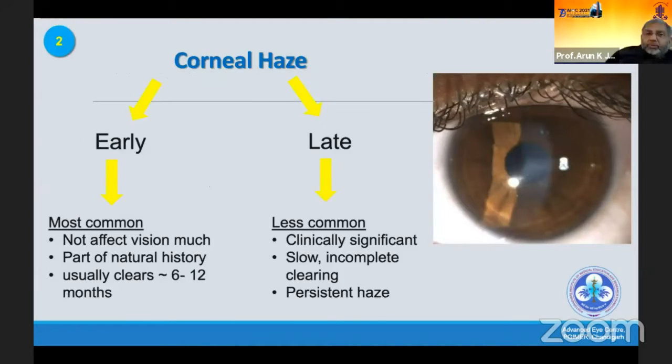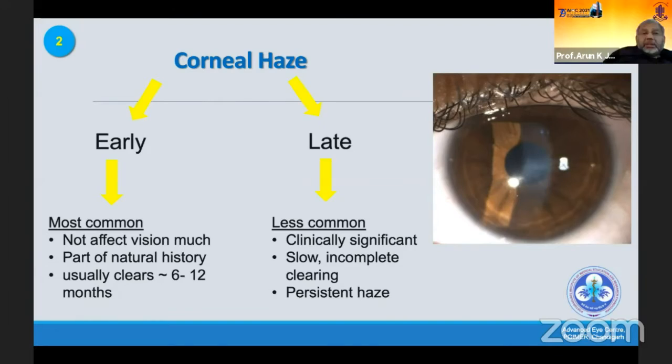Then coming to the corneal haze, it could be early or late. Early haze is most common. It doesn't affect the vision much, and it's seen in almost all cases and usually clears in 6 to 12 months. But the late haze, which is less common but clinically significant, is slow, and usually incomplete clearing happens; it usually persists for a long time.